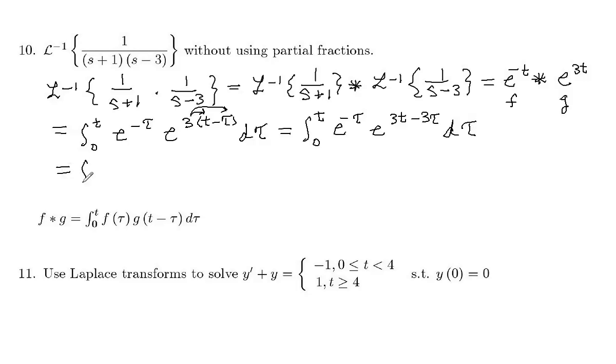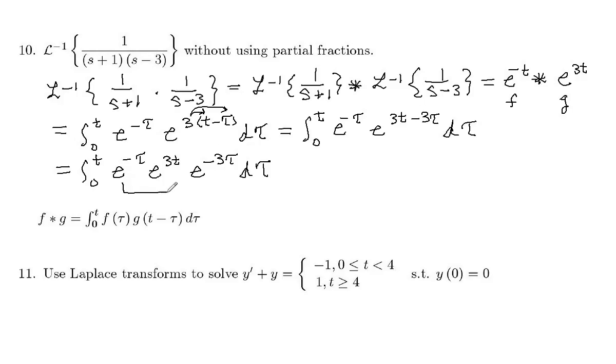And that is the same as the integral from 0 to t of e to the minus tau times e to the 3t times e to the minus 3 tau, d tau. If you multiplied these, you would add those two exponents and you get this back again. So I just pulled them apart.